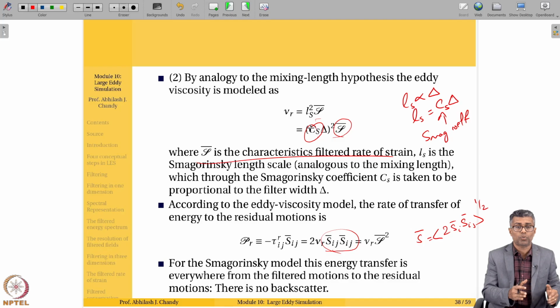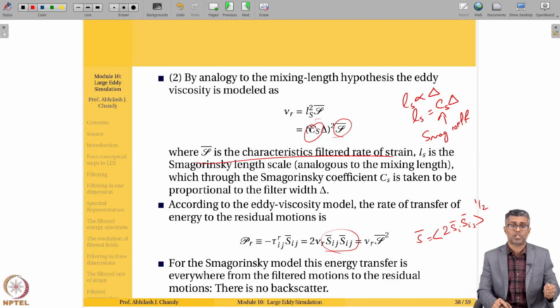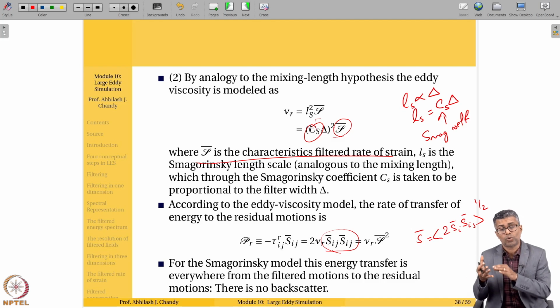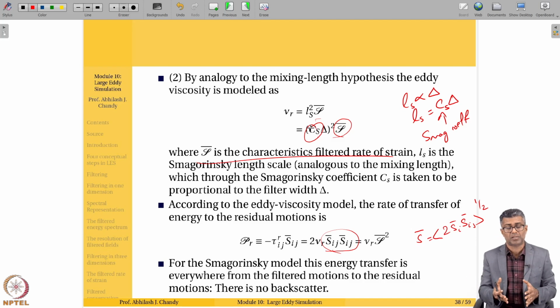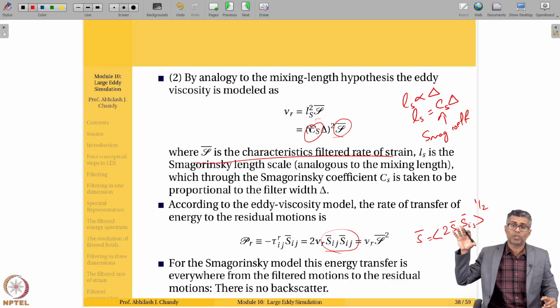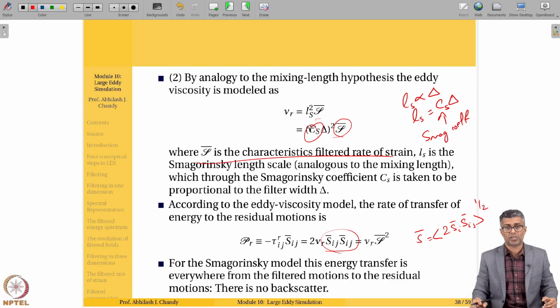It is during those situations that the dynamic version of the Smagorinsky model will be more accurate, because the classical version of the Smagorinsky model assumes that there is no backscatter, whereas there are actual flows where there is a source term, especially. So equations where there is a source term like the buoyancy term, we never discussed that in this class. We never considered the Navier-Stokes equations with a buoyancy source term on the right hand side.